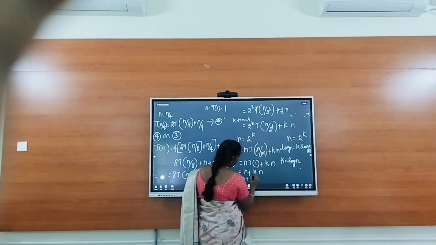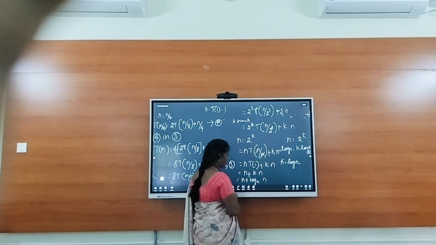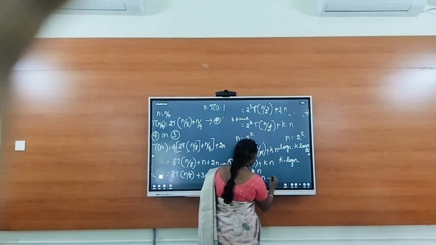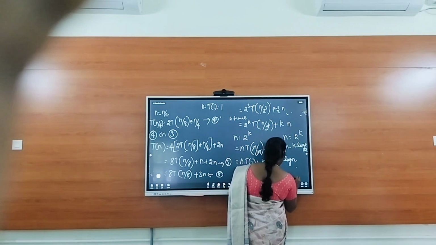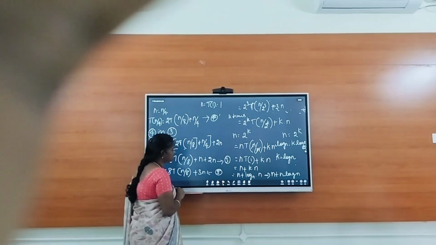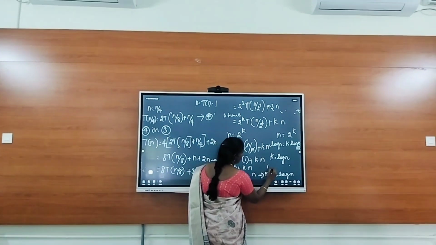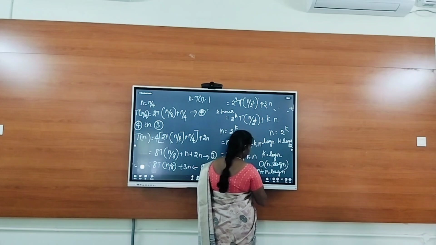So n plus log n into n. Now we can write it as n plus n log n. The time complexity of the best and average case is big O of n log n for quick sort.